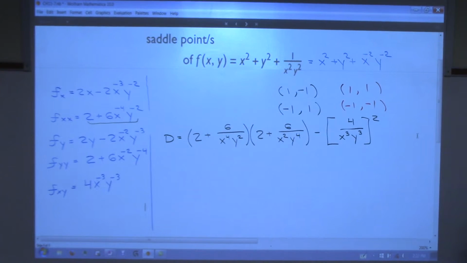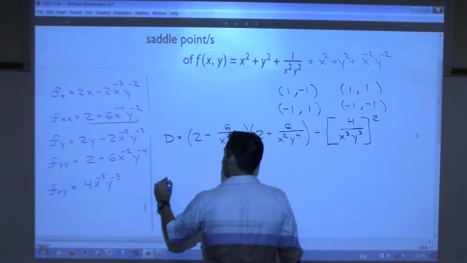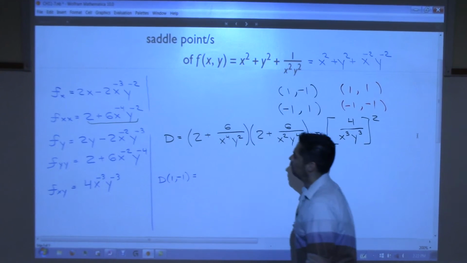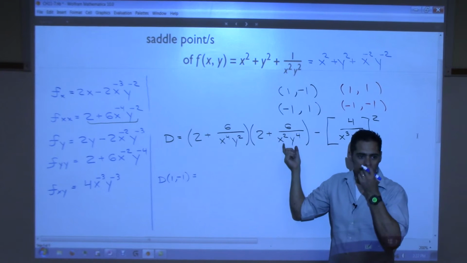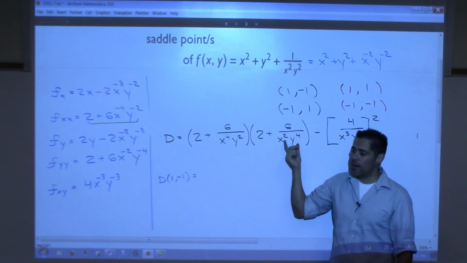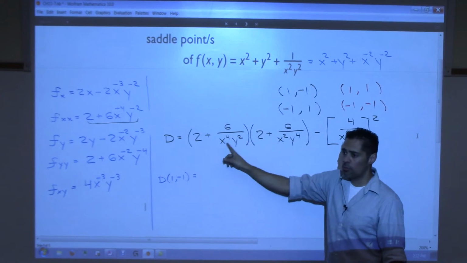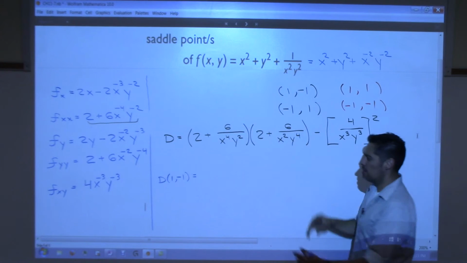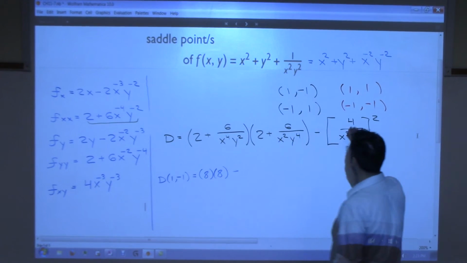Let's do this one first. What's D of 1, negative 1? This isn't going to matter, right? 1 or negative 1 is not going to matter because we're going to square them or raise them to the 4th power. So this is just going to be 2 plus 6 over 1. So this is just going to be 8. This one's going to be 8. 8 times 8. So 8 minus over here.